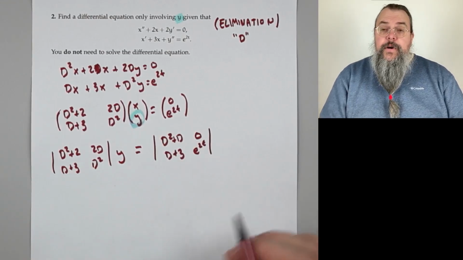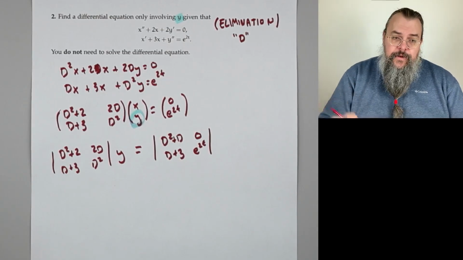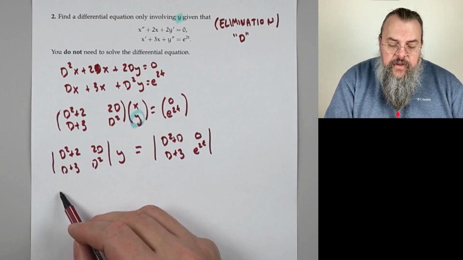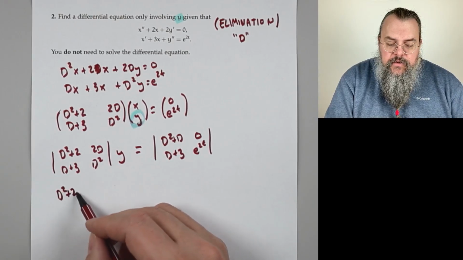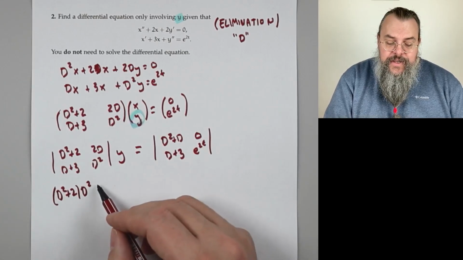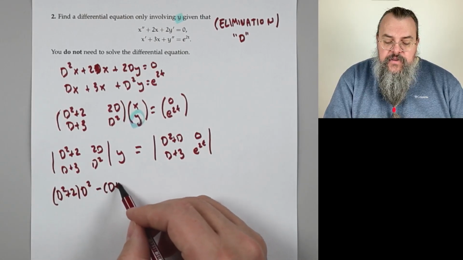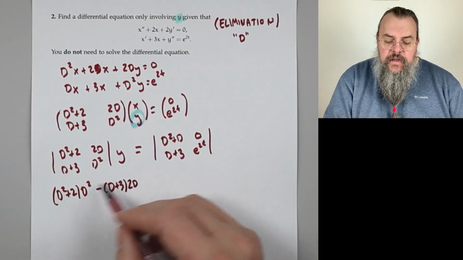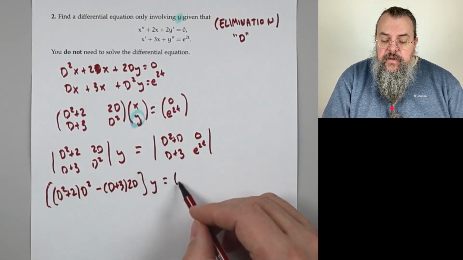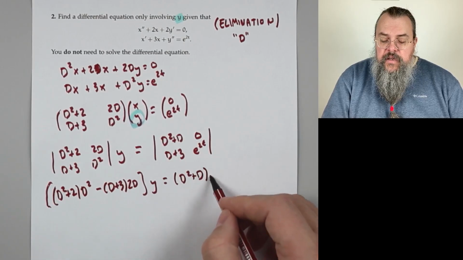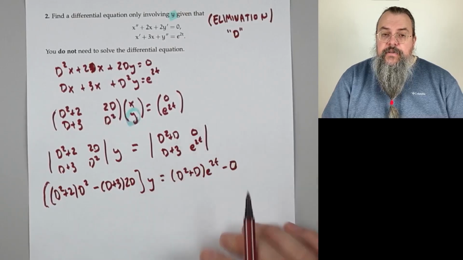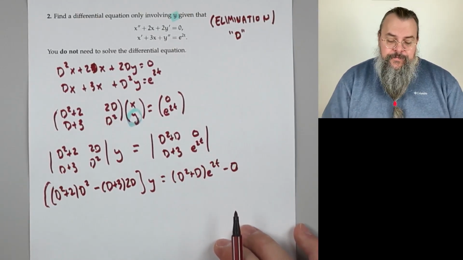All right. Well, most of the rest of this is just working it out. So we have d squared plus 2 times d squared. We'll go ahead and do it a little slowly. We're not in a rush. We can savor our problems, right? And subtract d plus 3, 2d times y is d squared plus d, e to the 2t, and subtract 0, because 0 times anything is 0.